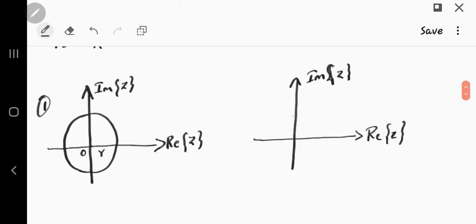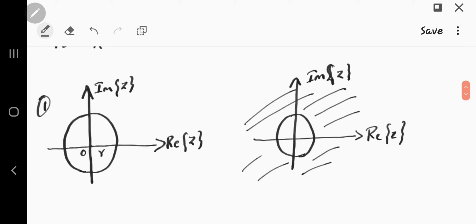Consider this as a circle, and if this region is our ROC, just for instance, the poles will not be in this region, so they won't be present in this ROC.